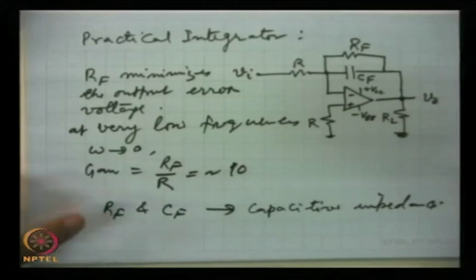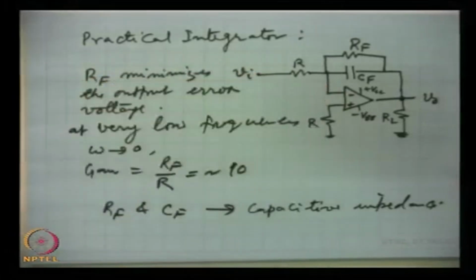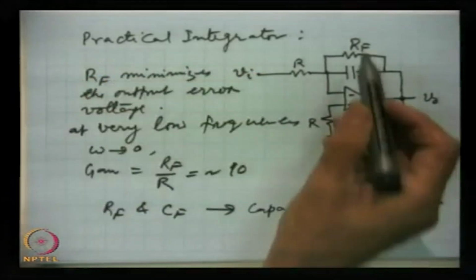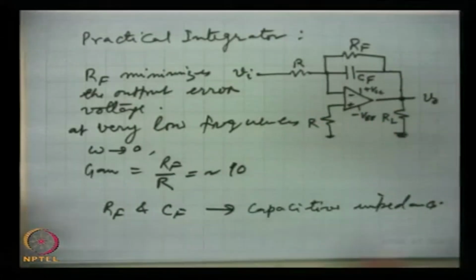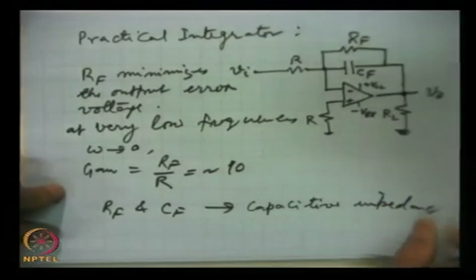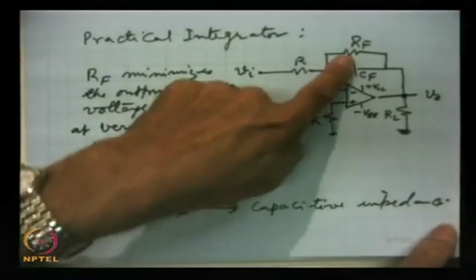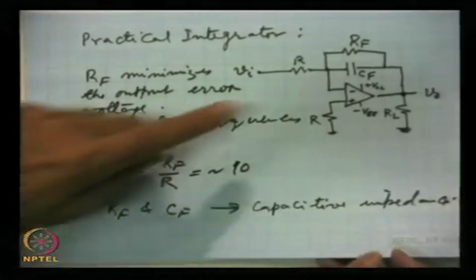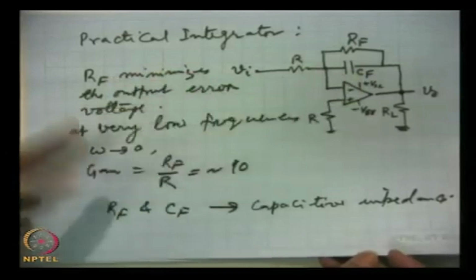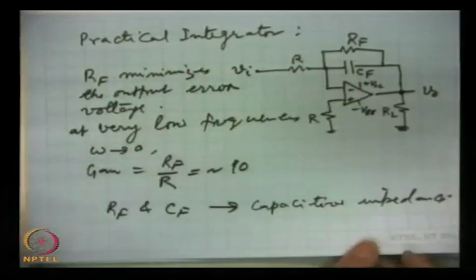And so there is a restriction that at very low frequencies this circuit will not be a true integrator. And what is that condition, we will just see. But this is the practical circuit, and inclusion of RF gives the modification on the performance.